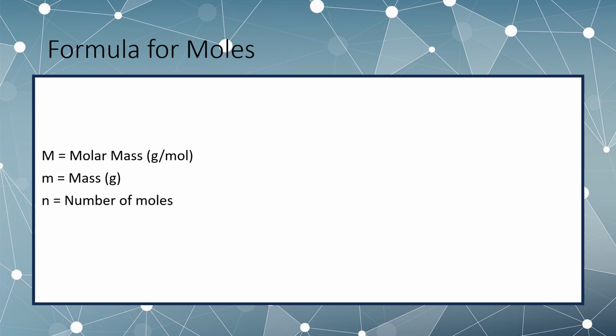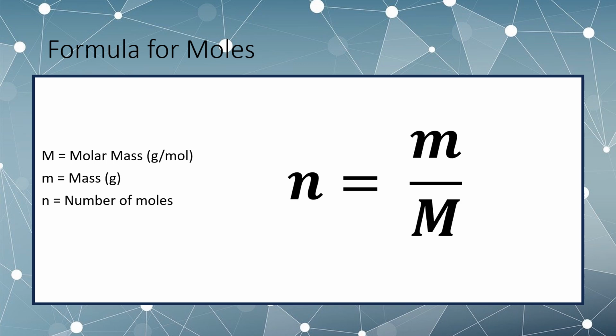This formula is n, being our number of moles, is equal to lowercase m, being our mass in grams, over uppercase M, being our molar mass in the units grams per mole. This allows us to solve for situations where we have multiple moles of a substance, or we are trying to find the mass of a substance and know its molar mass and number of moles, or perhaps we are trying to find the molar mass of a substance and we know its number of moles and mass.